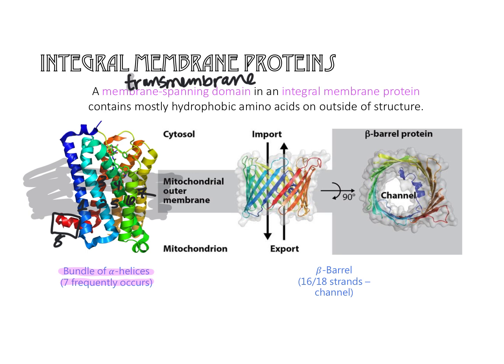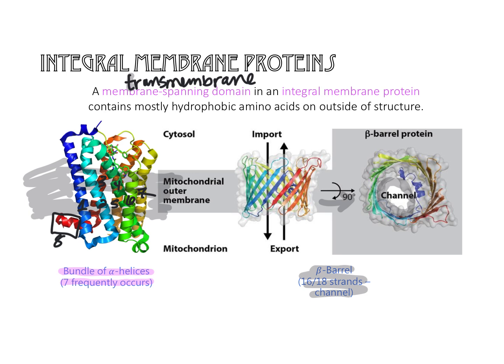Or you'll see a beta barrel. So it's about 16 to 18 strands, and this view has it rotated 90 degrees, so you're looking down the barrel. You can see that there's an empty space on the inside, so that things can pass through as a channel.